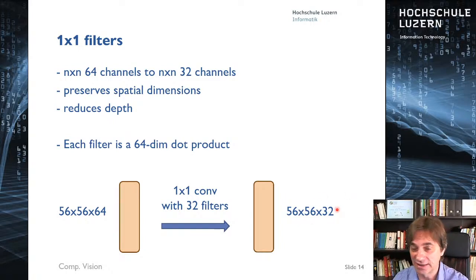If you do that using convolution, you expect that it will learn how to process those 64 channels and still retain as much information as possible, maybe combining some channels or eliminating some channels because they're not needed. So it preserves the spatial dimension, but it reduces the depth, the number of channels that you have at the end.